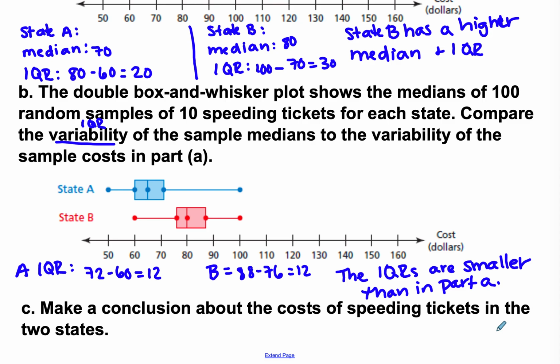Okay, so you make a conclusion about the cost of speeding tickets in the 2 states. So we're going to look at this. And it looks like the cost for state B is going to be on average higher than state A. They have a higher median, and the IQR is about the same.